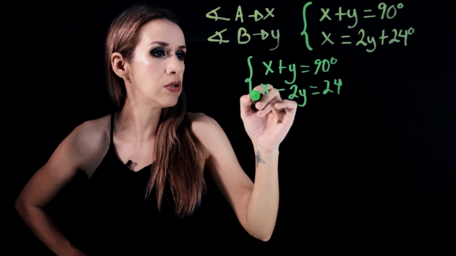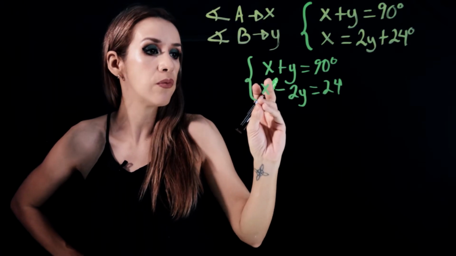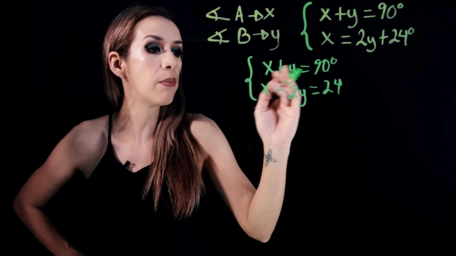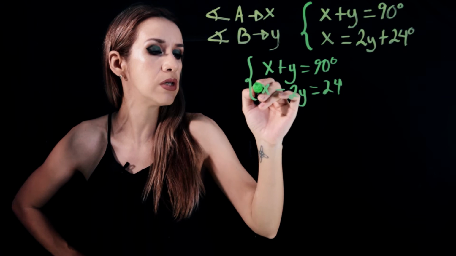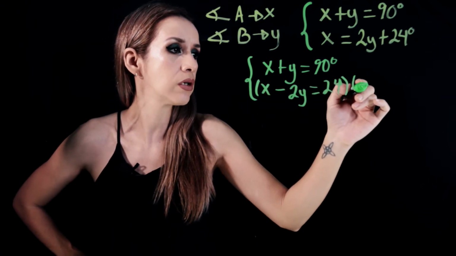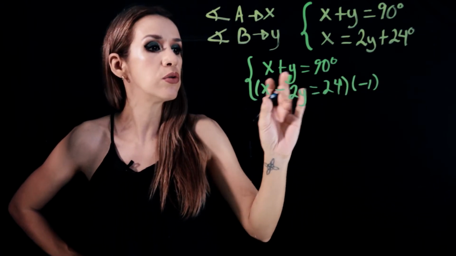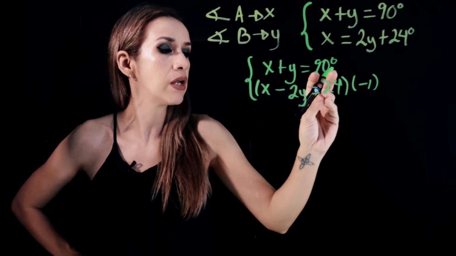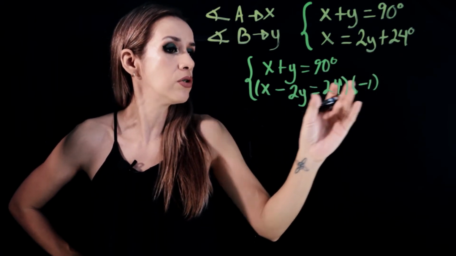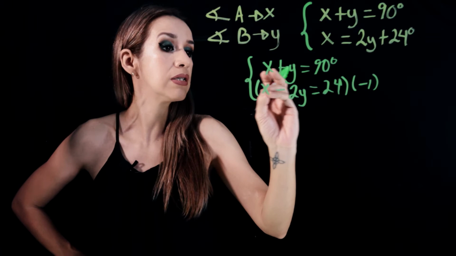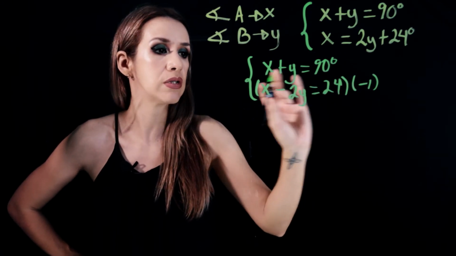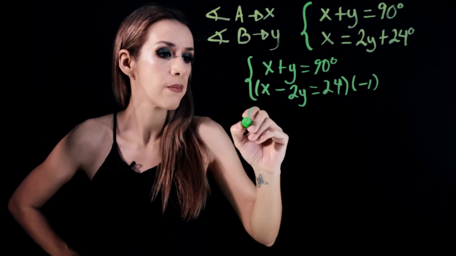So I just need to change the sign of one of the equations. I'm going to choose the second equation and multiply it by -1 to change the signs of each one of its terms.